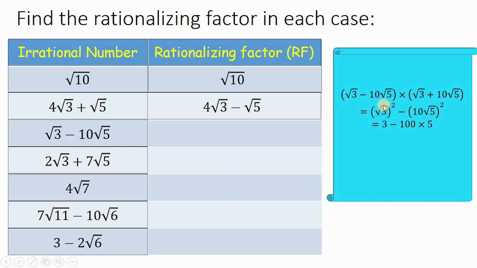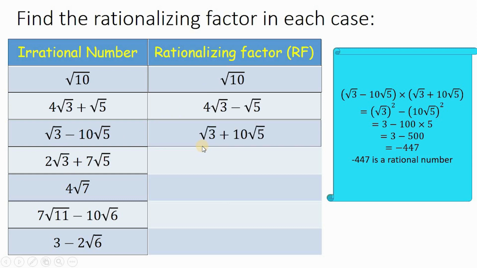Root 3 square and square root get cancelled. We'll get 3 minus, and 10 square is 100 into root 5 square is 5. Therefore 3 minus 500 will get minus 447, and minus 447 is a rational number. Therefore the rationalizing factor of root 3 minus 10 root 5 is root 3 plus 10 root 5.